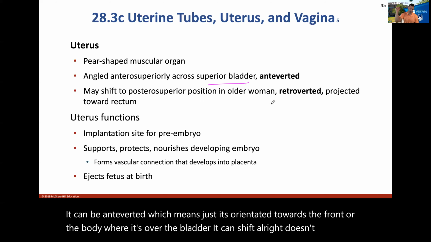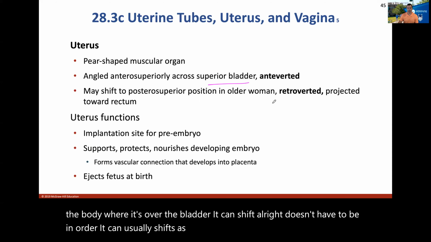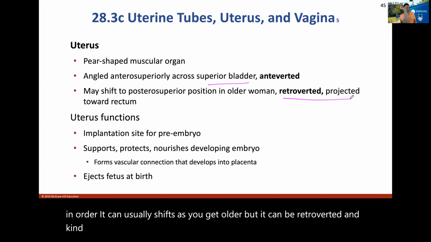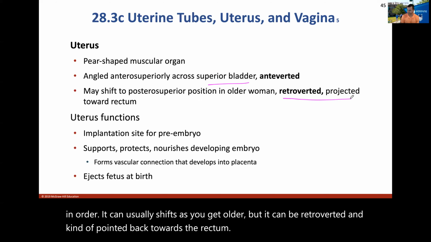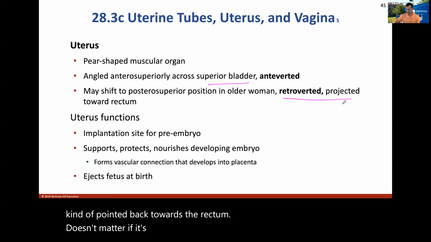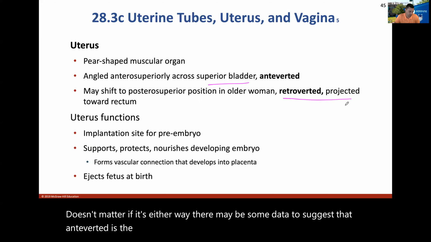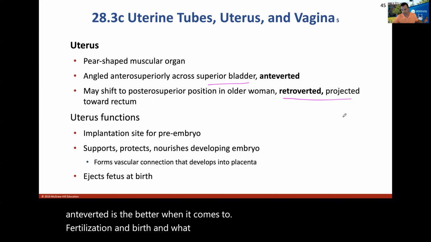It usually shifts as you get older, but it can be retroverted and kind of pointed back towards the rectum. It doesn't matter if it's either way. There may be some data to suggest that anteverted is better when it comes to fertilization and birth and whatnot, but anteverted or retroverted is just kind of where it goes and shifts.